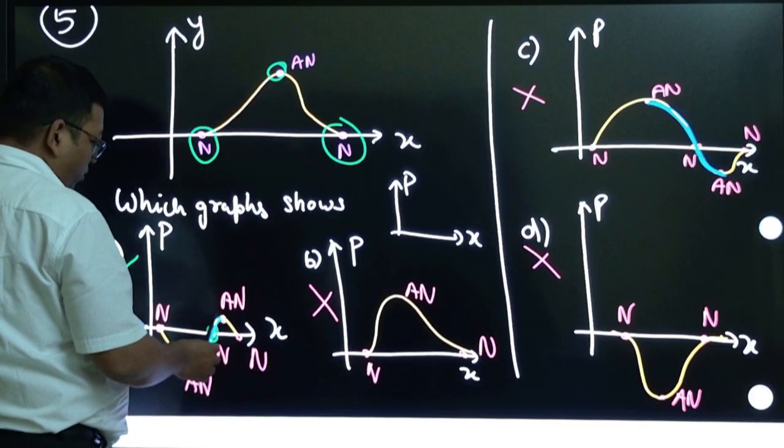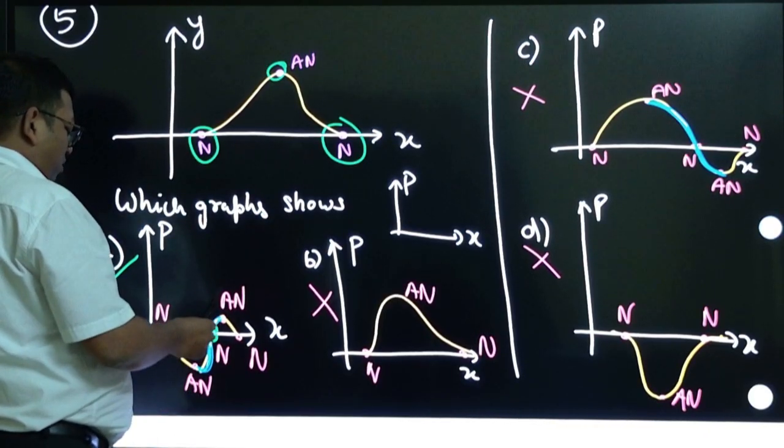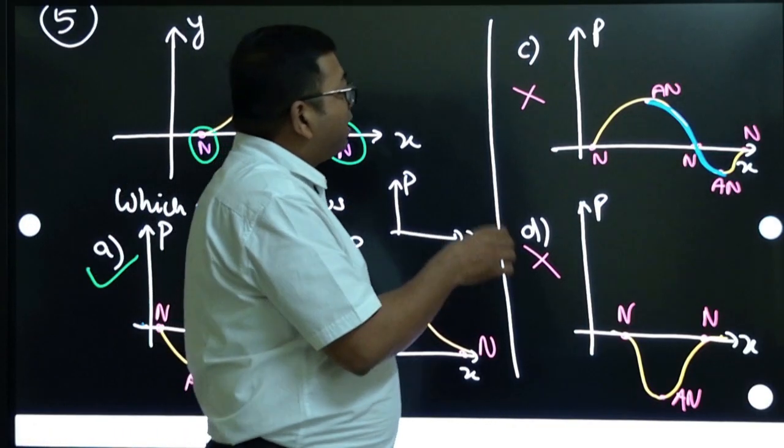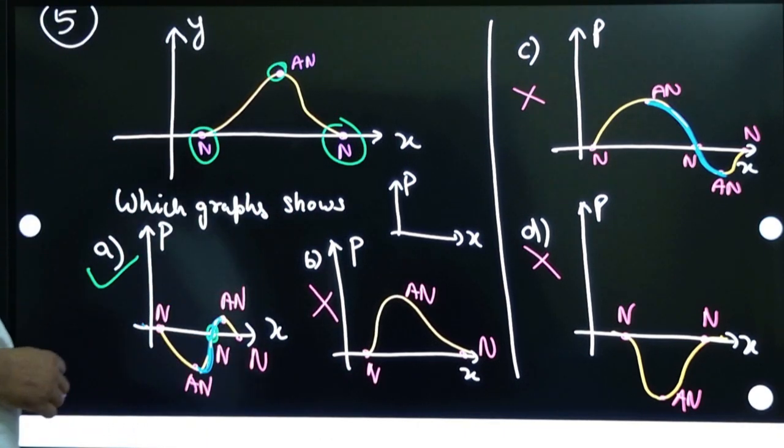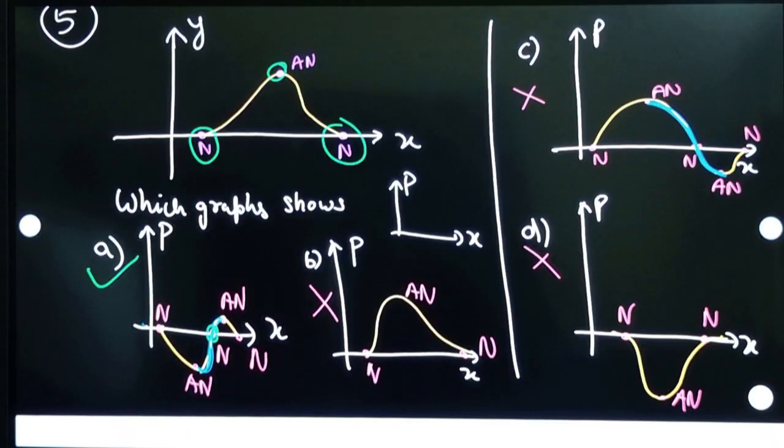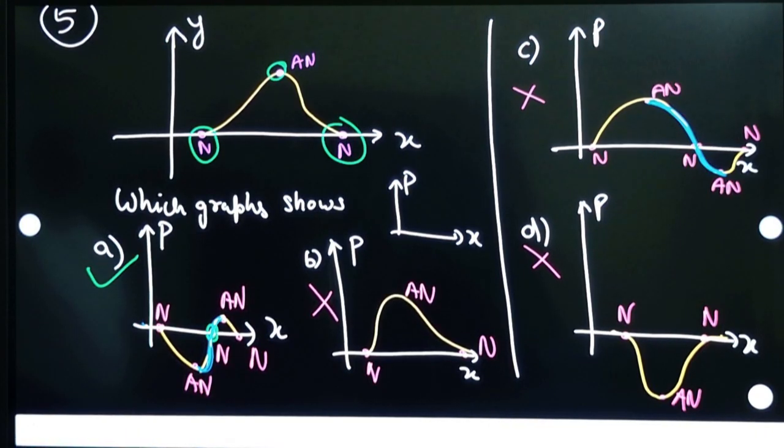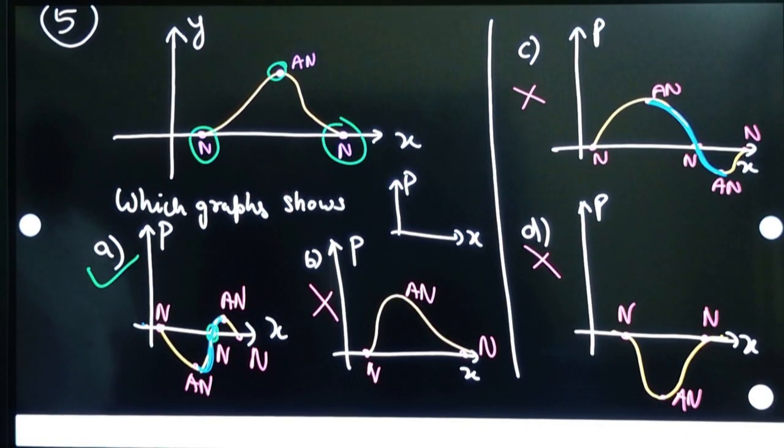Because I think here the slope is a positive slope. Here the slope is a negative slope. Which one should we consider? And why only A? Why only this?